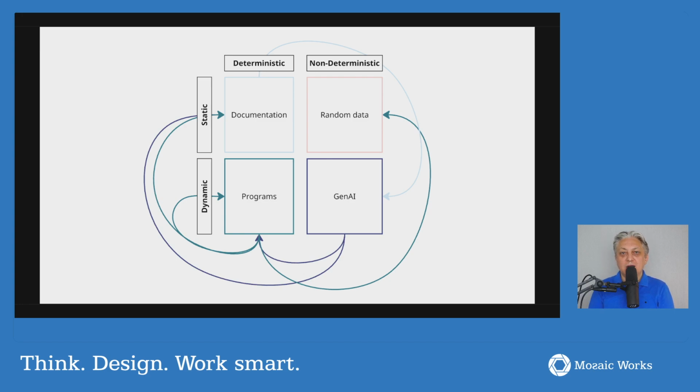And what I would argue is that the cycle that works best, based on the limitations of GenAI and based on what we require from programs, is to use GenAI to generate documentation, which we then feed into GenAI to generate code, and we move through this cycle as we progress.